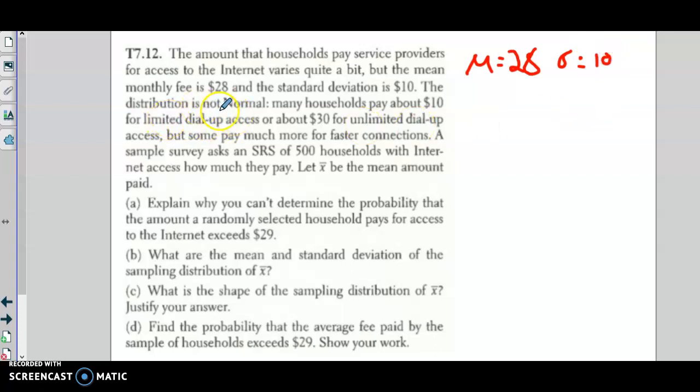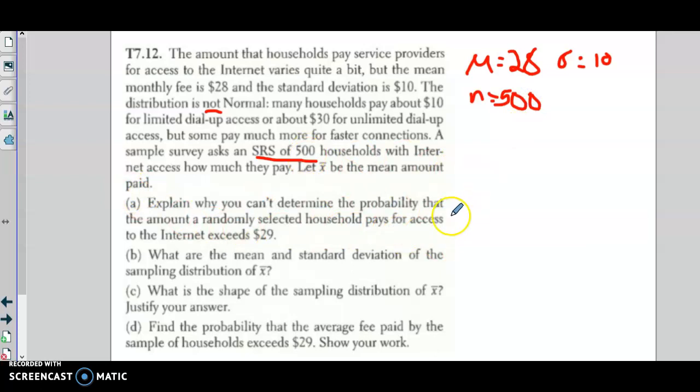The distribution is not normal. That's important. Many households pay about $10 for unlimited dial-up or about $30 for unlimited dial-up, but some pay much more for faster connections. A simple survey asks an SRS of 500. So N equals 500. Let X bar be the mean amount paid.